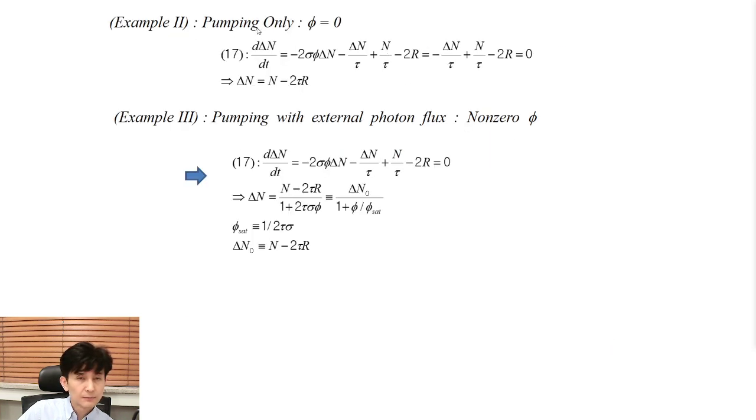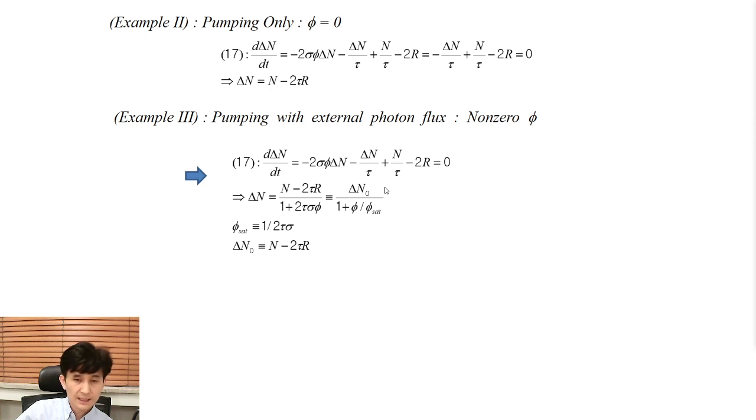Right. When there is only pumping without any photon input, from equation 17, d delta n over dt is equal to 0, and the input photon density is 0, phi equals 0, then we have this simple equation: delta n is n minus 2 tau times R. So the population inversion delta n is n minus 2 times tau times R. When the external photon number is not 0, in the steady state equation 17 becomes 0, then delta n is equal to this, and we can represent this with phi set as well.